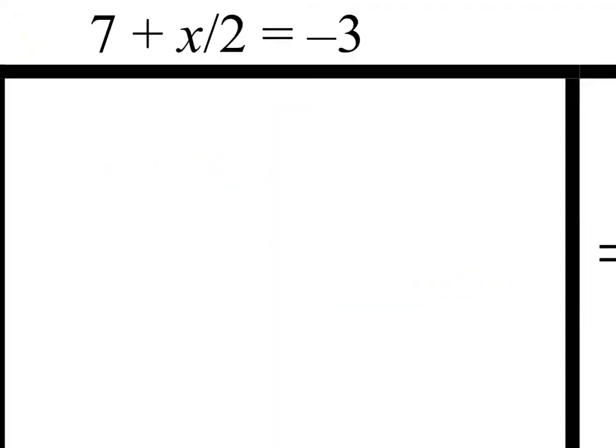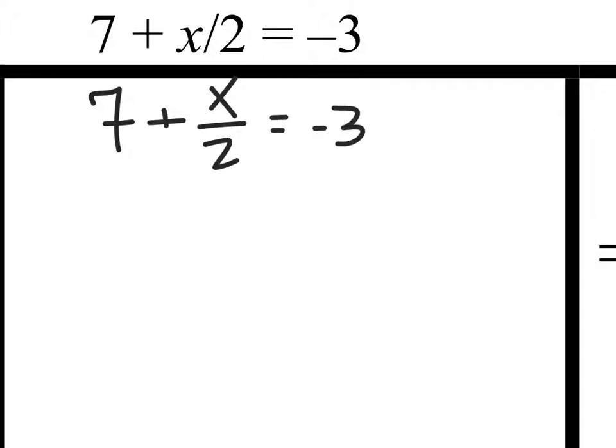Alright, let's rewrite this one though. Let's make this a 7 plus x halves equals negative 3. Maybe easier for you to see it that way. It doesn't really matter which way you do it. So what do we need to do first to solve for x on these? Multiply. No, we need to get rid of the 7.